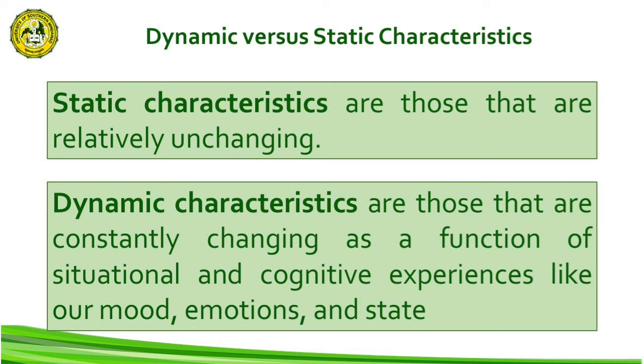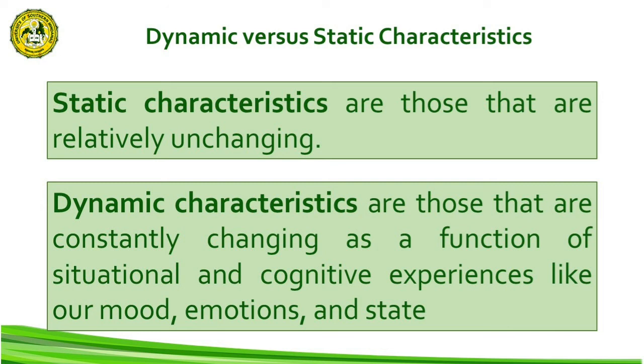Unlike sa dynamic characteristics, which are defined to be those that are constantly changing as a function of situational and cognitive experiences. For example, our mood, emotions, and state. And in this instance, obtained measurement would not be expected to vary significantly as a function of time, and either the test, retest, or the alternate forms method would be appropriate.